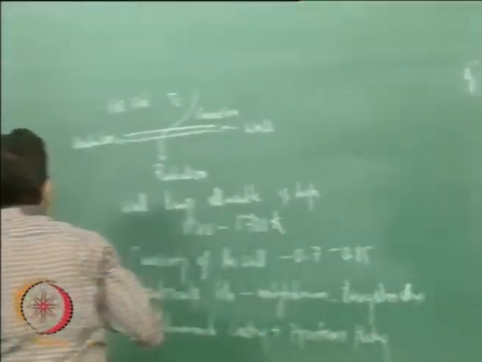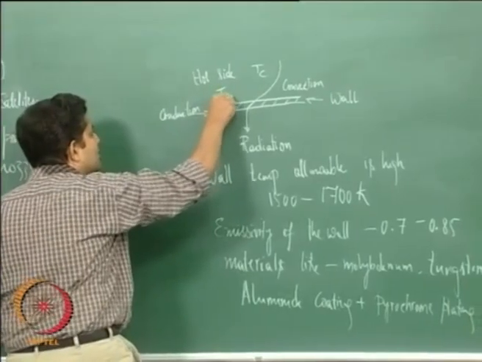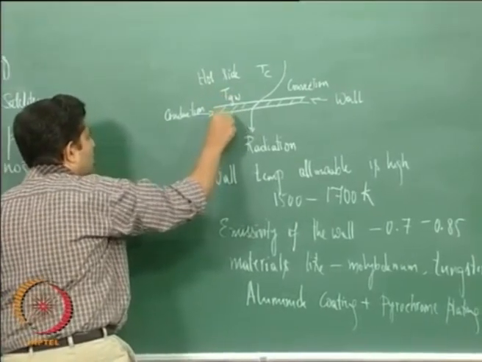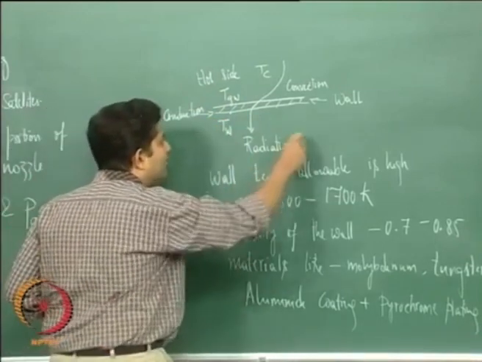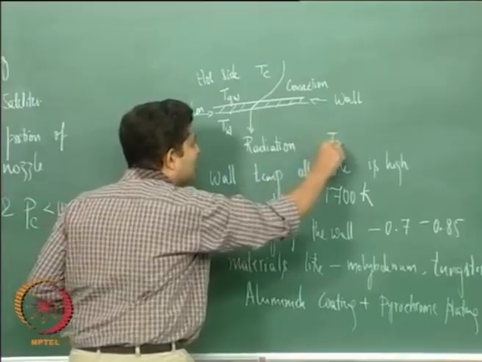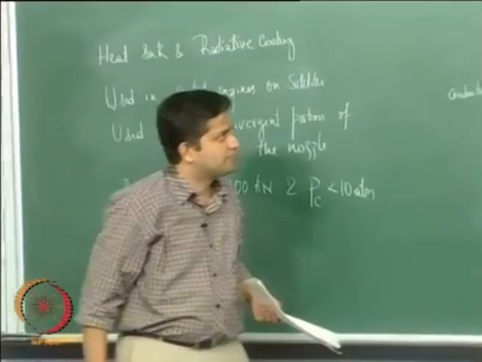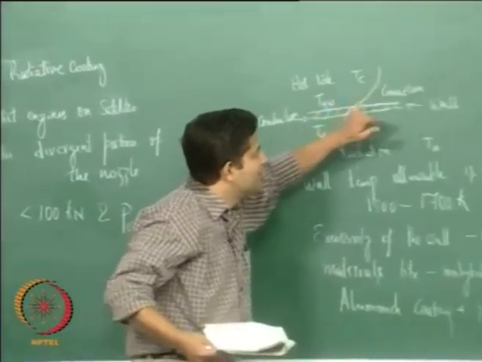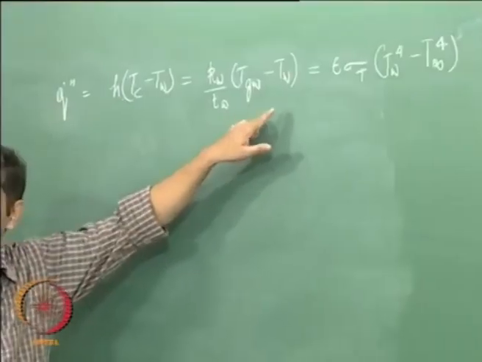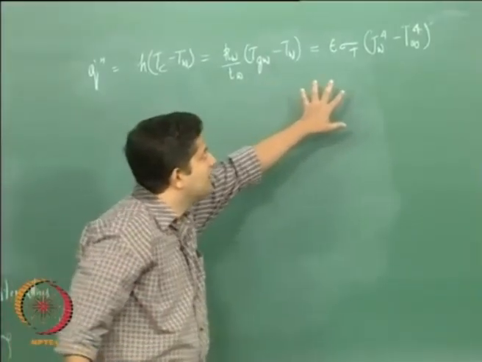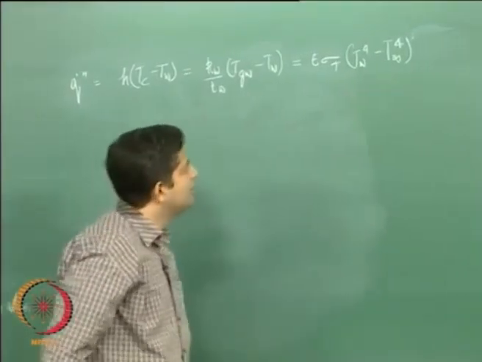Here let me call this temperature as Tg wall and this temperature as T wall, and the ambient or the far field temperature as T infinity. So, there is heat transfer by convection that is given by this, then in the wall there is conduction heat transfer given by this, and outside to the ambient there is radiation given by this.